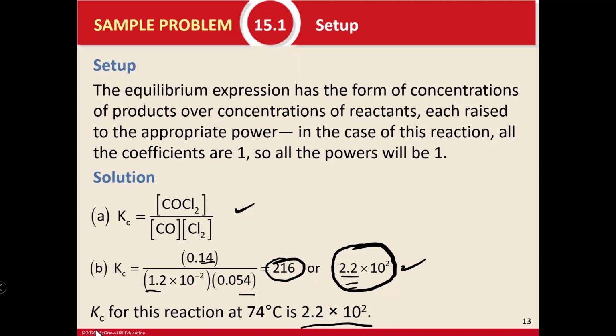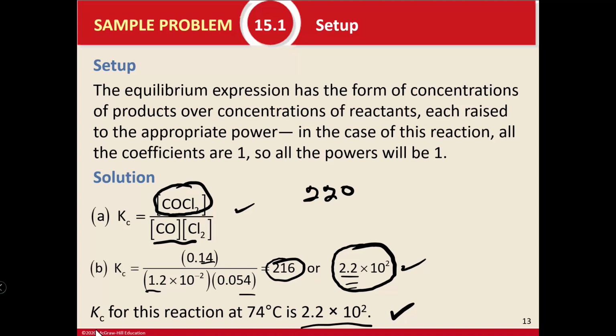Now, here's what I want you to get out of this. The larger the equilibrium constant, the more the products are favored over the reactants, right? To get a number like 220, I mean, that's what that expands out to, right?